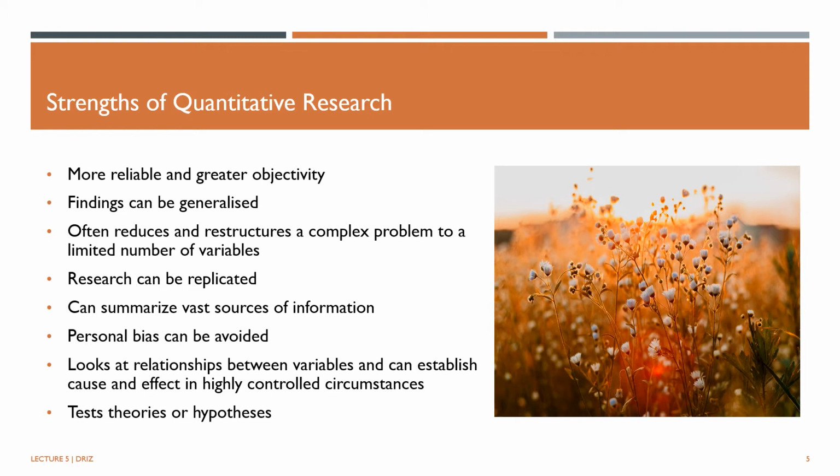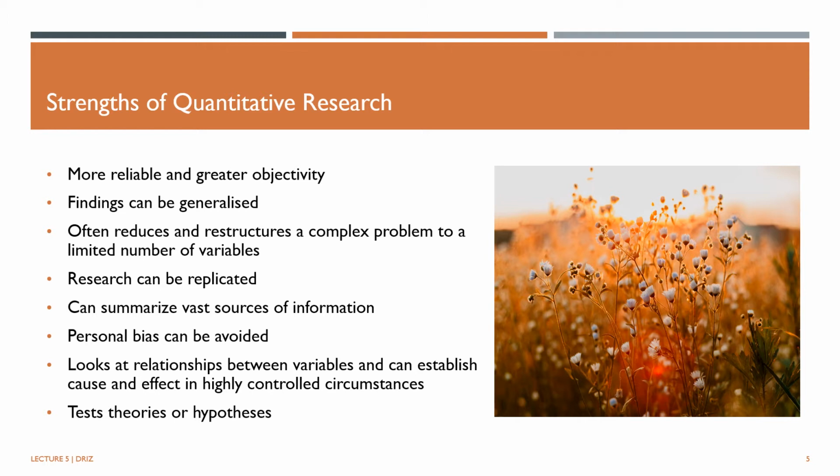Quantitative research often reduces and restructures a complex problem to a limited number of variables. This is because generally, quantitative methods are designed to provide summaries of data that support generalizations about the phenomenon under study. In order to do so, quantitative research usually involves few variables and many cases and employs prescribed procedures to ensure validity and reliability.